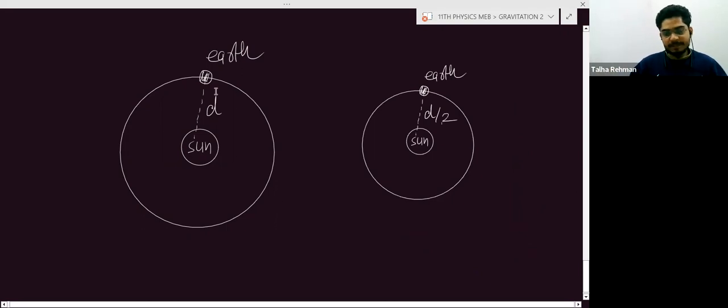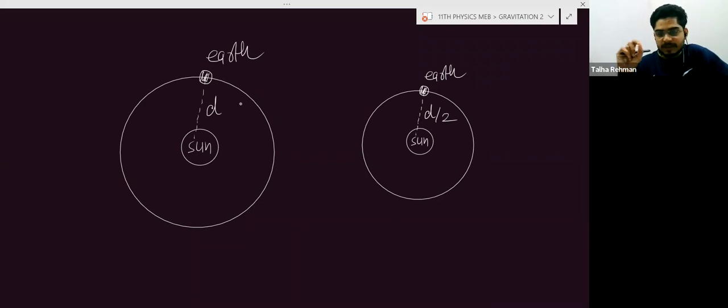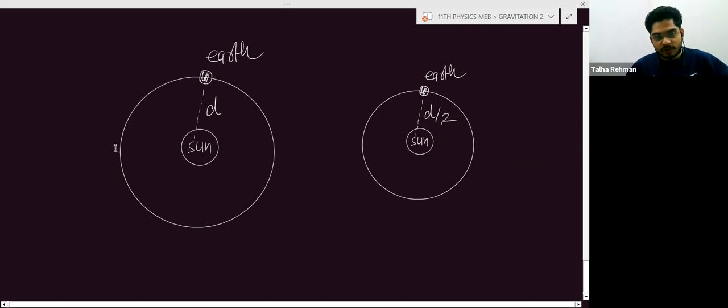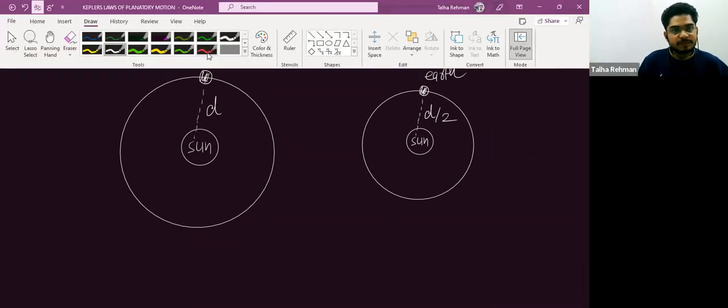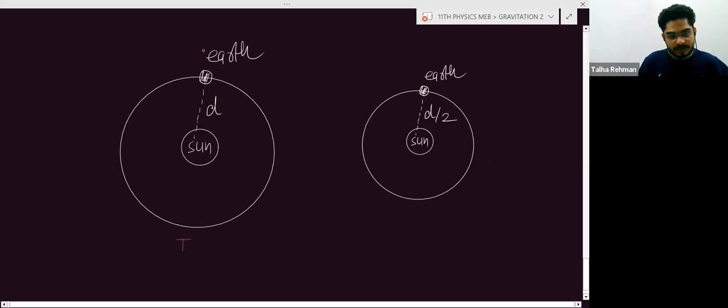Now we know that in the present condition, how many days are there in 1 year? 365 days, right? What is the meaning of those 365 days? It means the time period of the earth's revolution around the sun, basically 365 days.